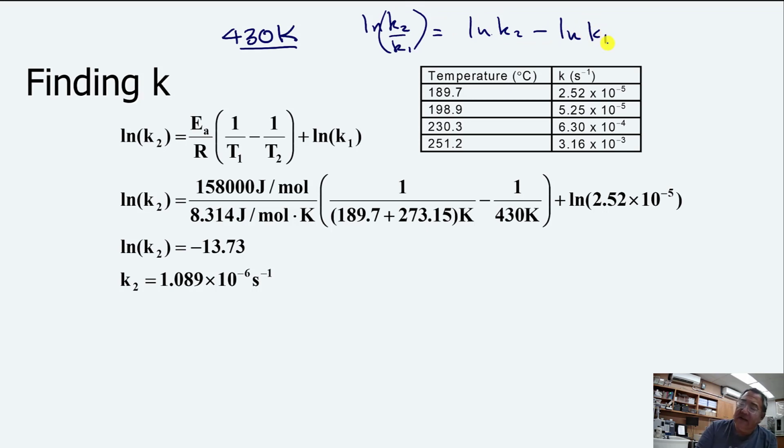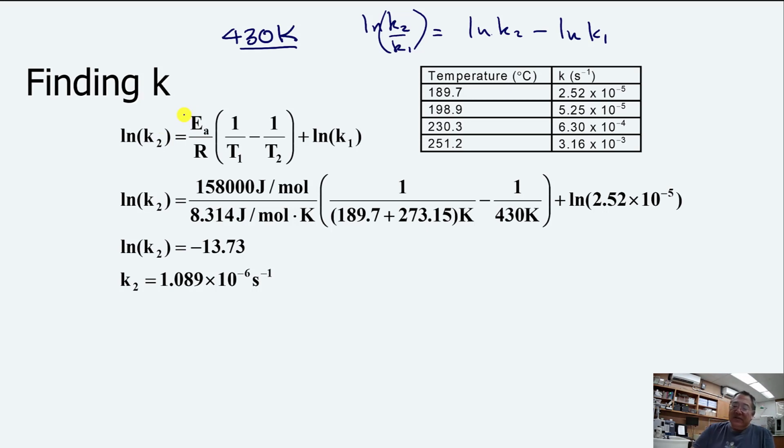Then you just add ln k1 to both sides, and you end up with this equation. The one thing that's different about this equation, and this is how your textbook likes to show it, although it confuses me, to be honest with you, is they just said 1 over T1 minus 1 over T2 because they distributed the negative sign in, but it's exactly the same equation, okay?